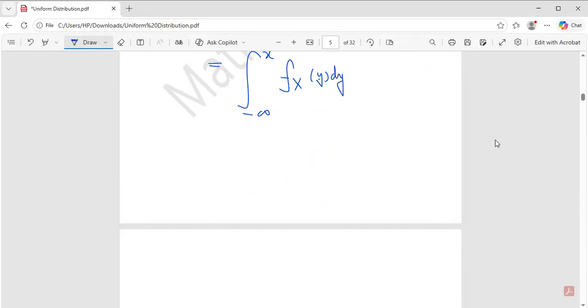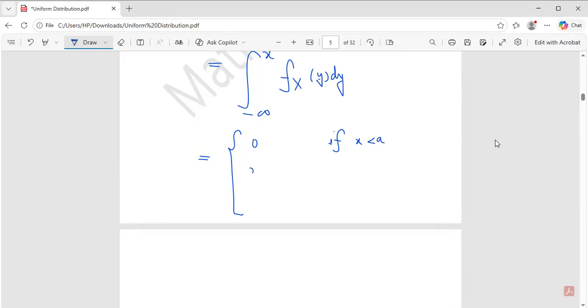So what will this be? It will be 0 if x is less than a.